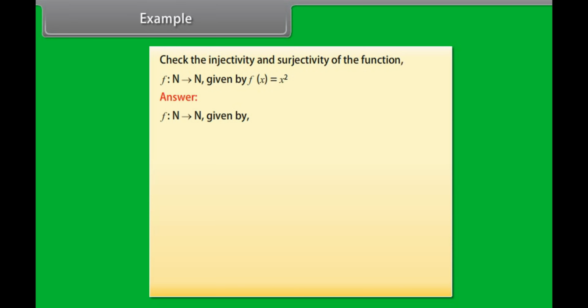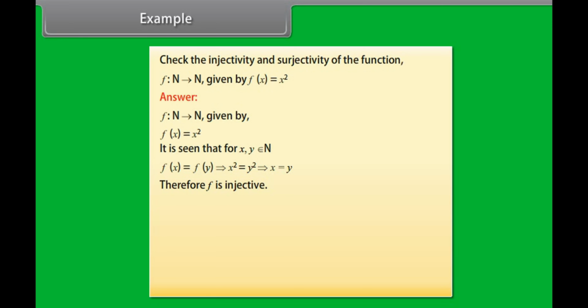Answer. Function f from N to N given by f of x is equal to x square. It is seen that for x, y belongs to N, f of x is equal to f of y, which implies that x square is equal to y square, which implies that x is equal to y.